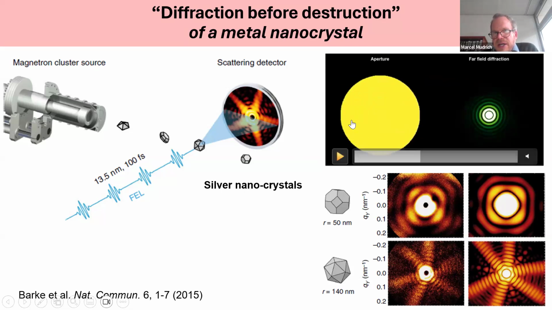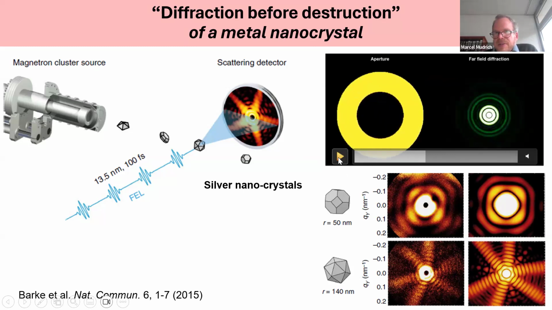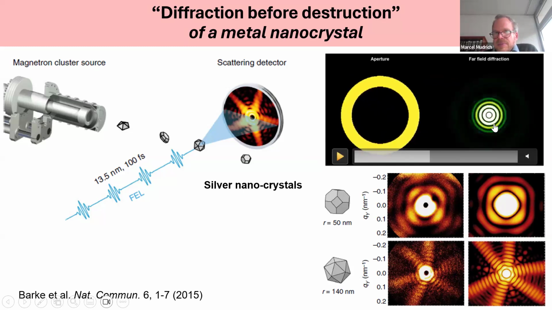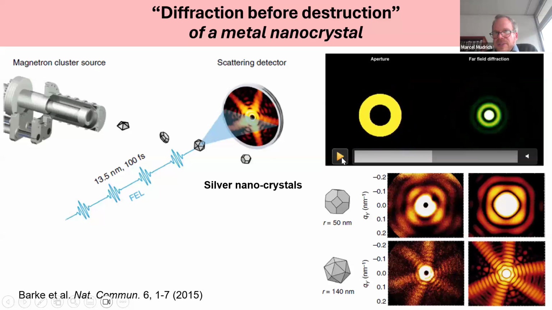If it's a large circular aperture, then we expect to see not just one bright maximum, but these diffraction rings. Then if it's hollow, okay, this is again rings, but this still, of course, has circular symmetry. For a triangle, we get structures like this.